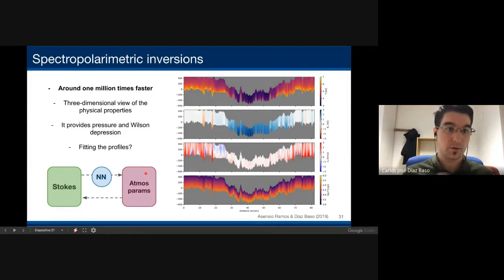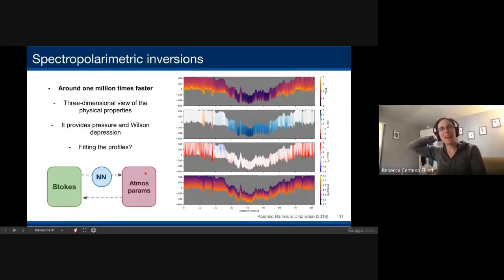Probably when you look at the profiles, this point at this height is very important, because the profile is almost completely different, because probably the formation of the core is around this pixel. So even having maybe a small error in the temperature does not imply that we will have a small error in the Stokes profile. So this is always important to close the cycle.